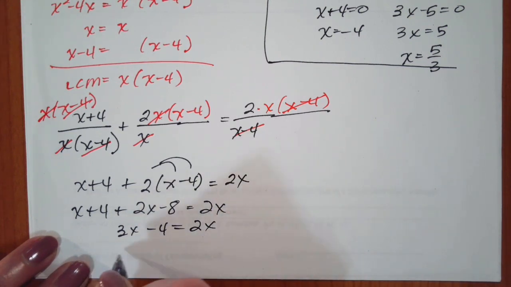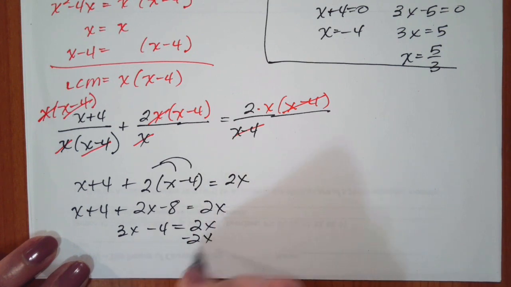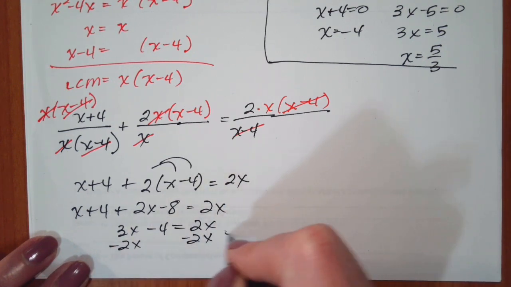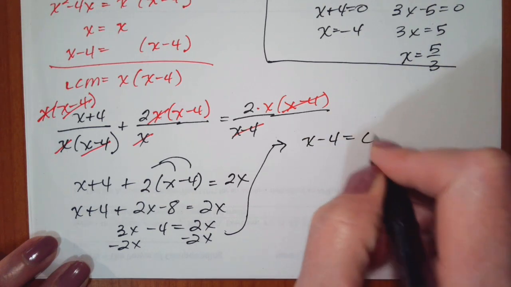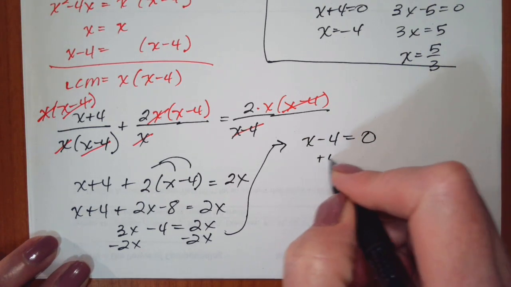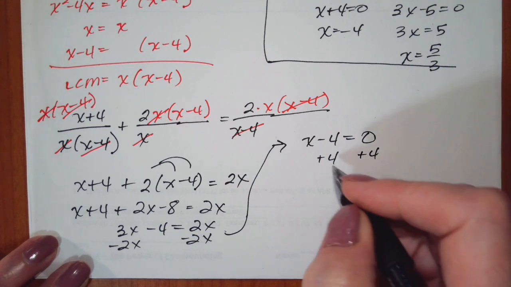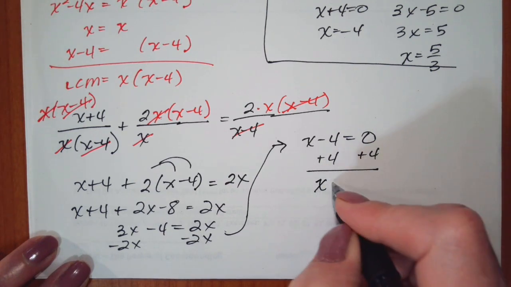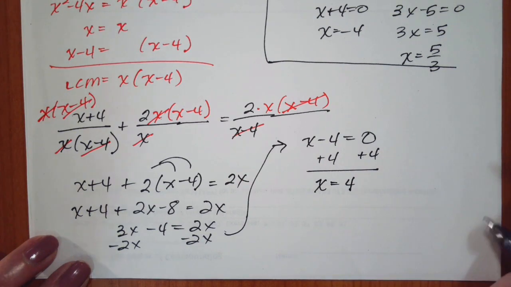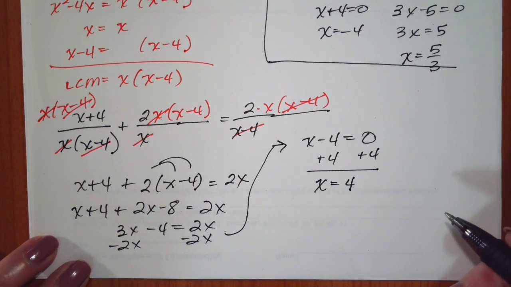I'm going to subtract 2x. And I'll continue up here. So that gives me x minus 4 is equal to 0. When I add 4 to both sides, I get that x is equal to 4. But now I have to check and see if it makes any of my denominators equal to 0.